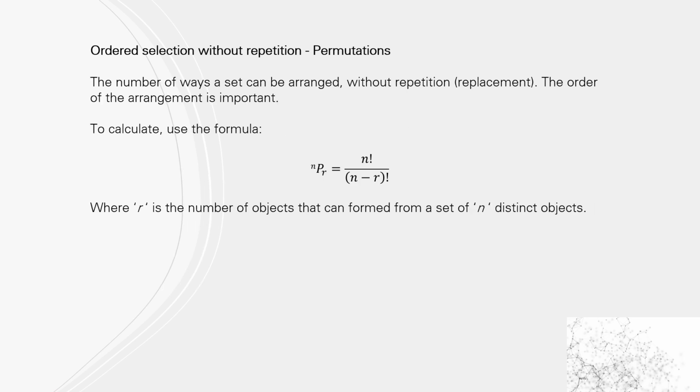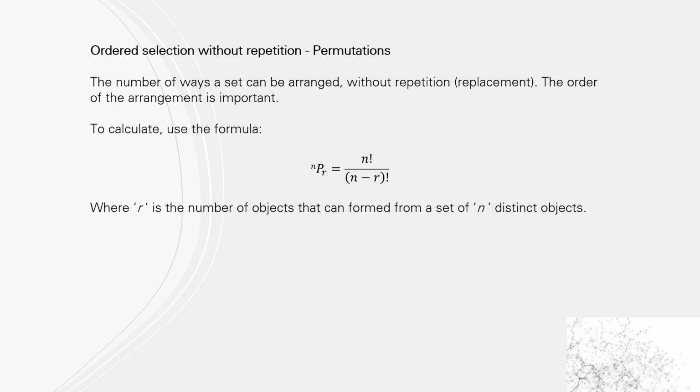This introduces our first formula, which involves permutations. Permutations are the number of ways that things are arranged, without repetition. Order is important, so when we do permutations, you've got to remember that your order is important. The formula is nPr equals n factorial over n minus r factorial.